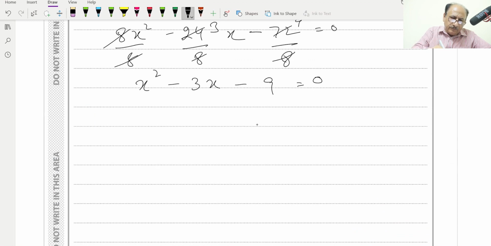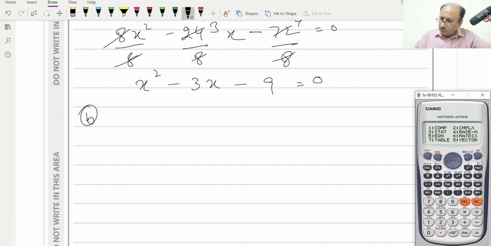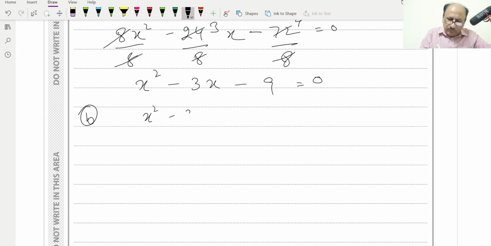The coefficient of x square is 1, the coefficient of x is minus 3, and the constant is minus 9. So x1 value will be 3 plus 3 root 5. We can apply the quadratic formula because we have to provide the working also. So a is equal to 1, b is equal to minus 3, c is equal to minus 9.